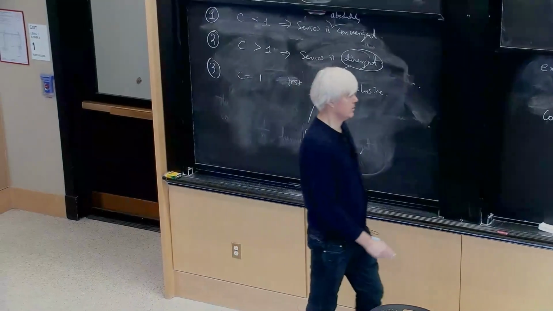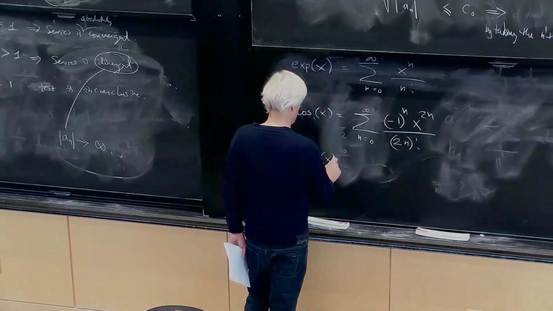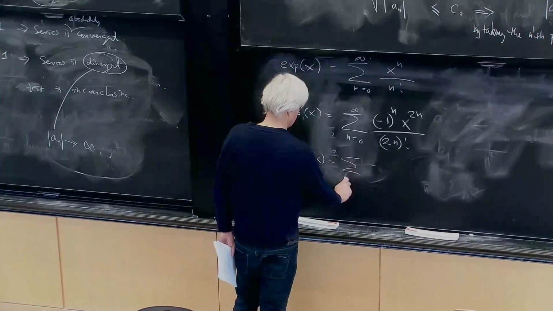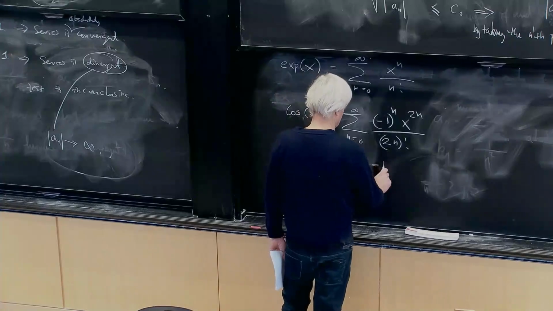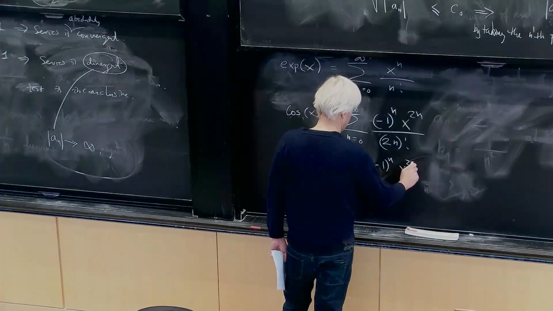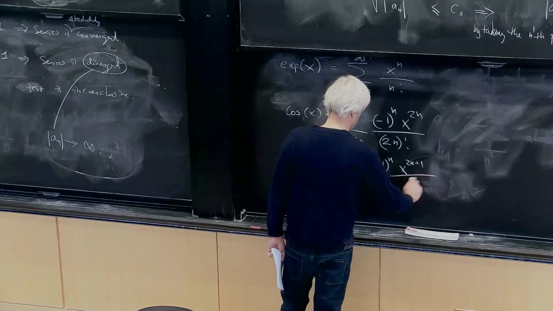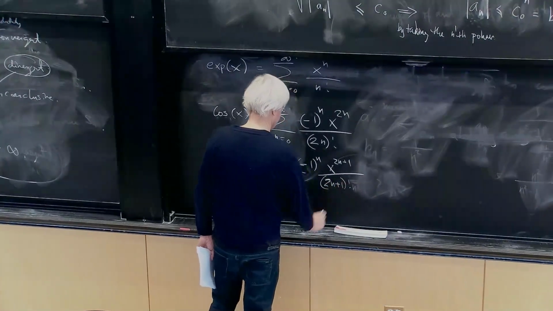And sine has a similar one: sine x is the sum from 0 to infinity of (-1) to the power n, x to the power 2n plus 1, over 2n plus 1 factorial.